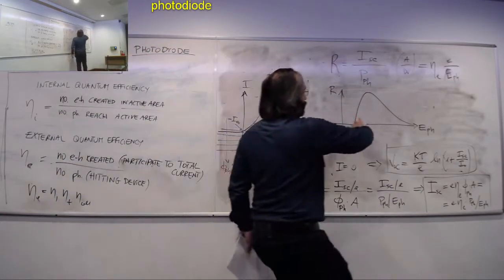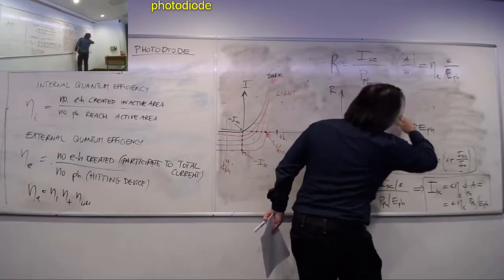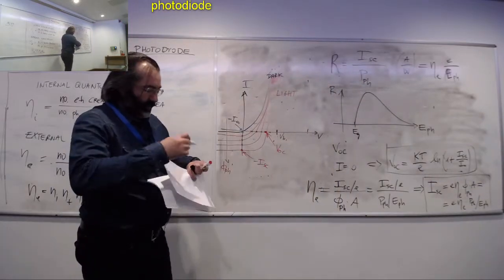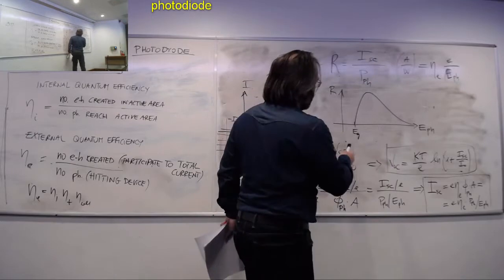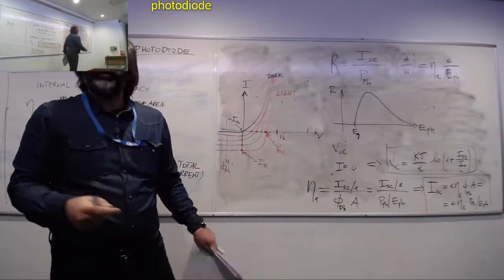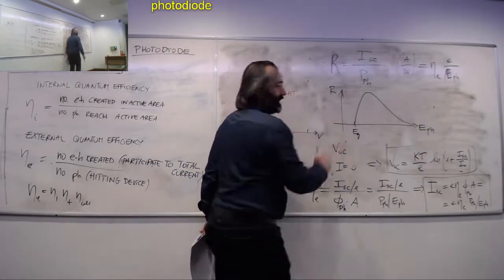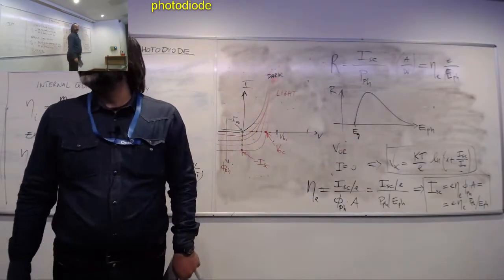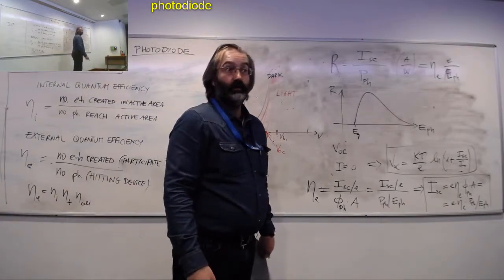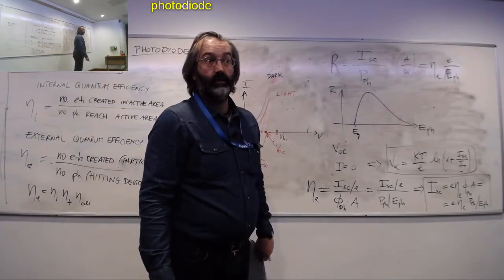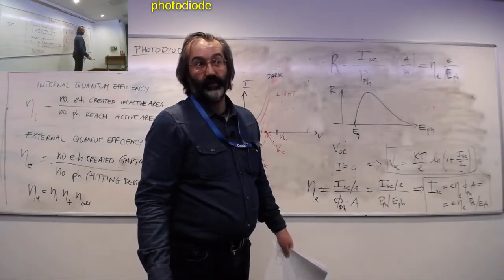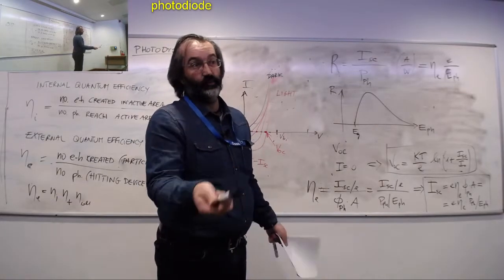Has a peak, but then has a tail and falls off. So the reason why there are many things at play here. First of all, why the responsivity starts at EG? Yes, that's obviously the main reason.